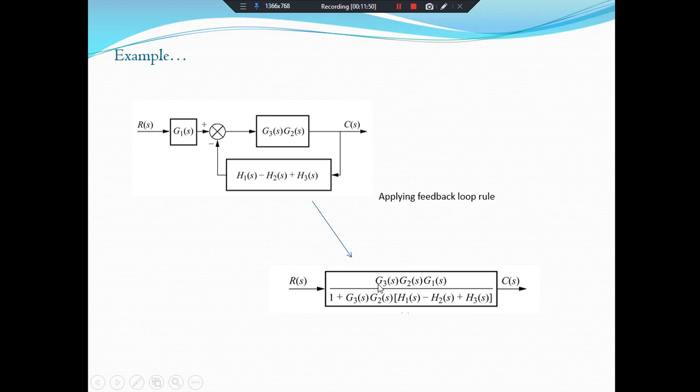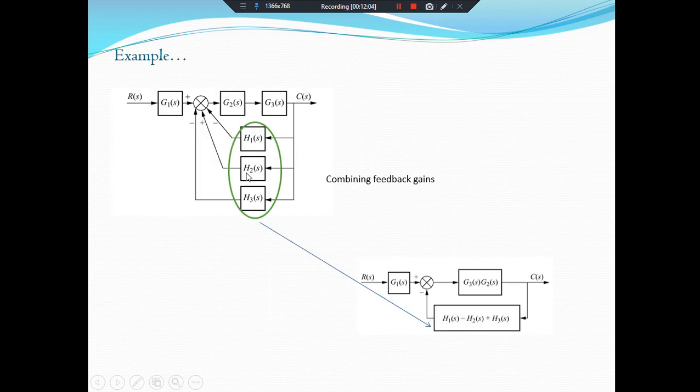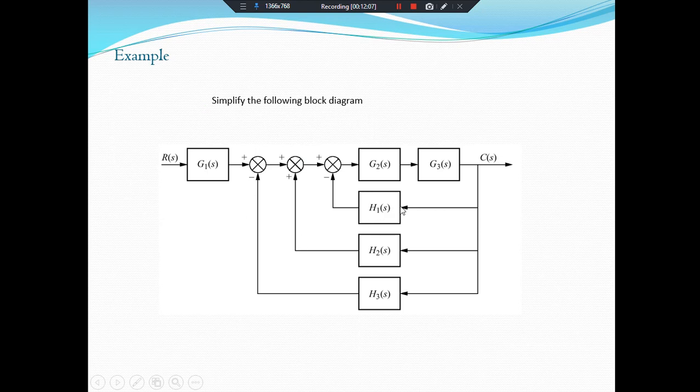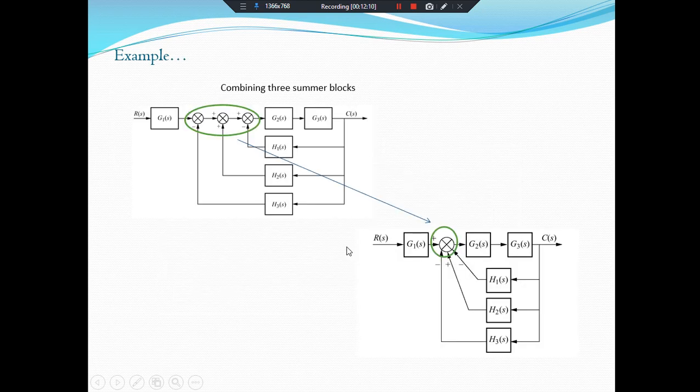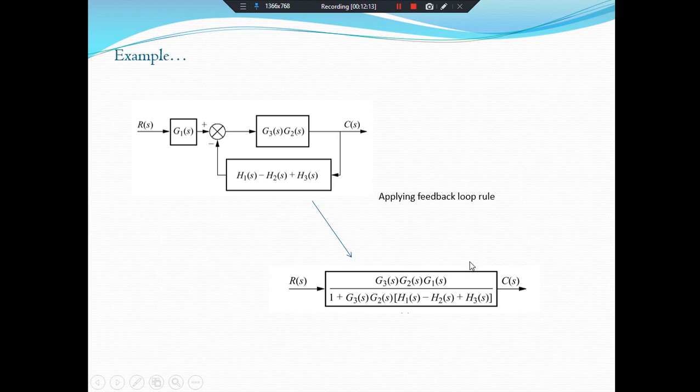So the transfer function will become G3 G2 into G1 by 1 plus G3 and G2 by this. So we have replaced this complex block diagram with this simple block diagram, in which we have a single block which has one input R of S, one output C of S, and the transfer function of the system.